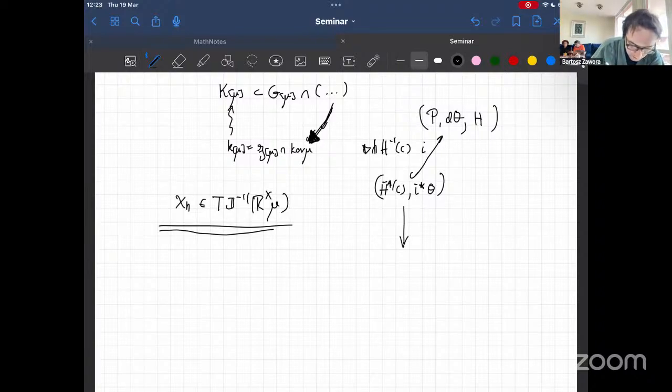But using the approach I presented, the theorem, you can also define the momentum map on this level set, and if the Hamiltonian function is G-invariant, the Lie group action also descends to the level set of the Hamiltonian function. So you can treat this level set as a contact manifold, and you can use the symmetries to get also a sort of contact reduction, in this particular case, for contact manifolds given by the level set of the Hamiltonian function.